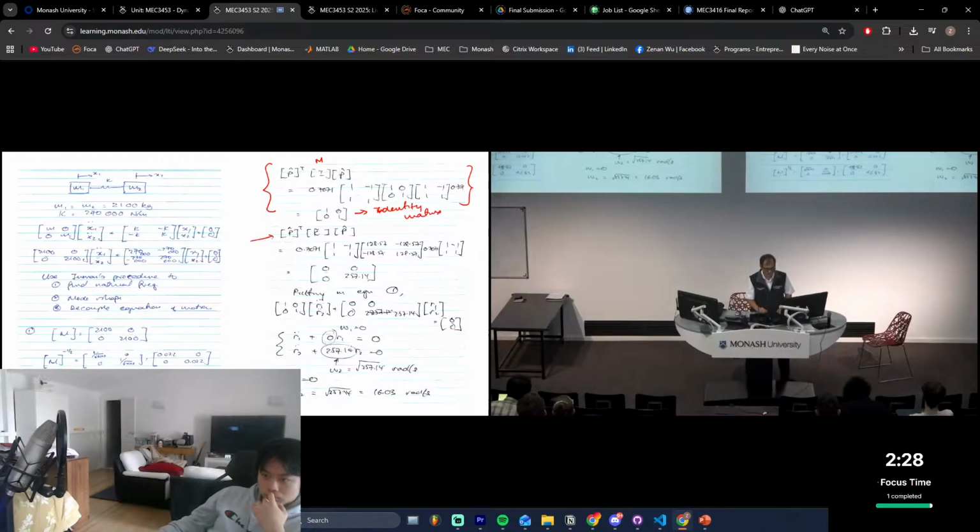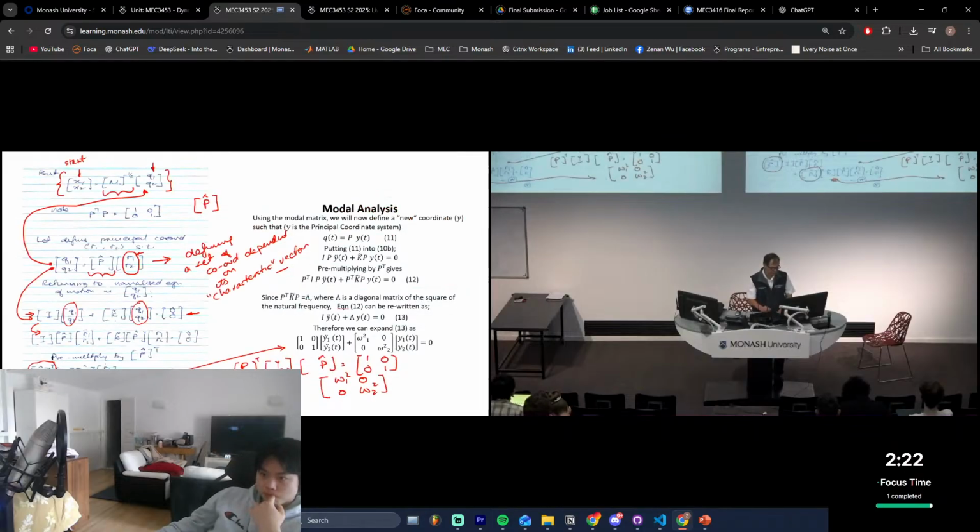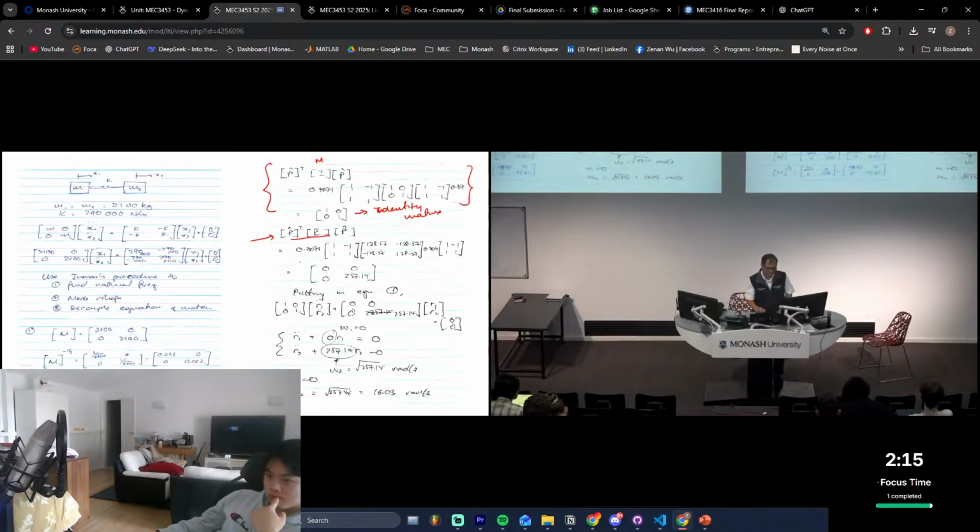And then when I do the same for this, which is this operation here, I have this. Now when I bring them all together, omega square 1 to be equals to 0, omega square 2 to be equals to 257.14.